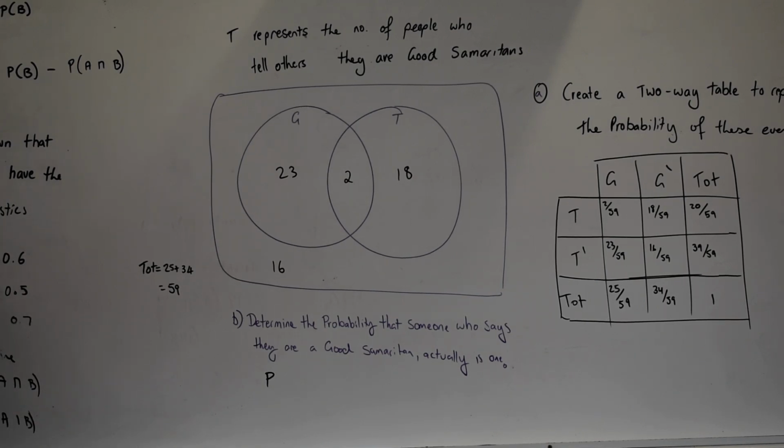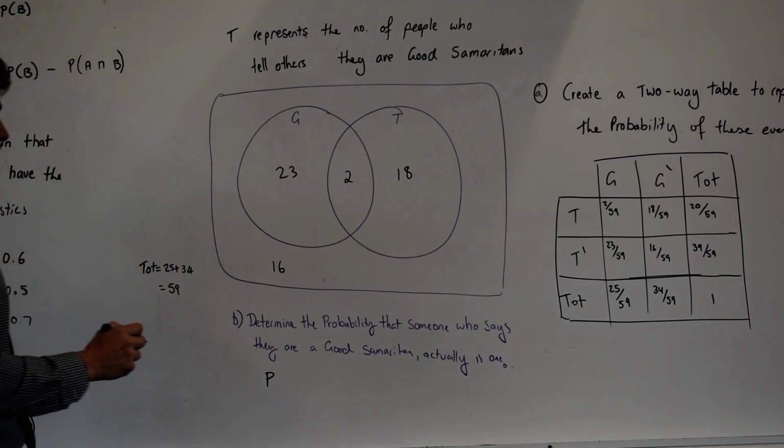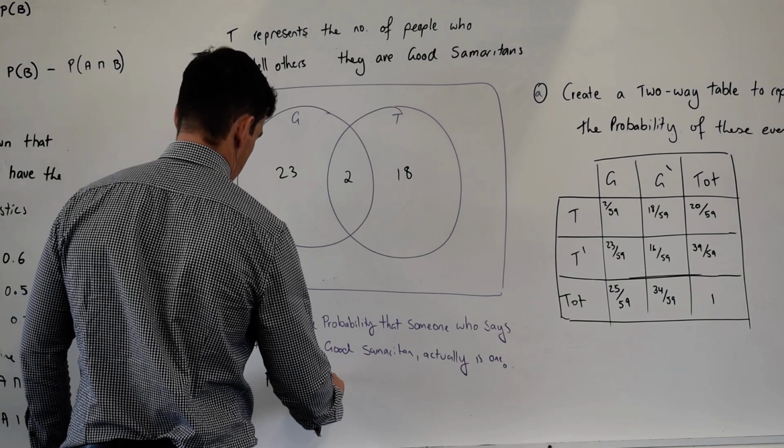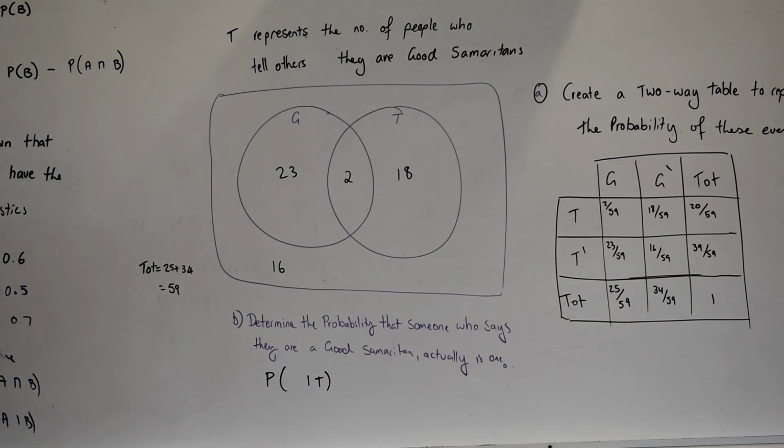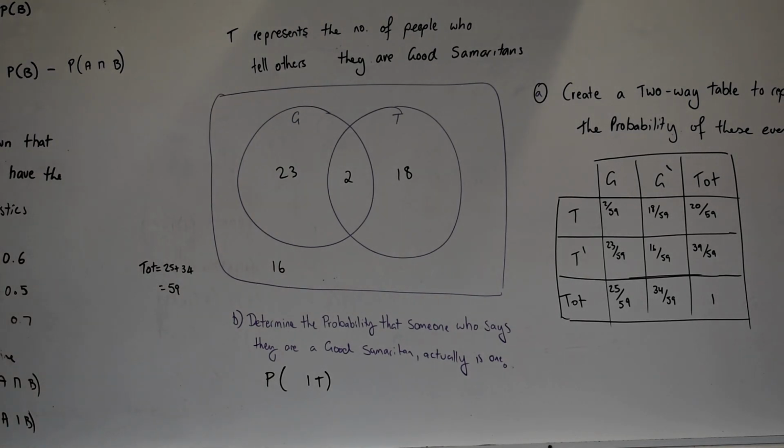No, we don't know if they're a Good Samaritan. We know that they say they're a Good Samaritan. So what are we putting in the second part of this conditional probability formula? We know that they are definitely T. The person that we are dealing with is definitely someone who tells us that they are a Good Samaritan.